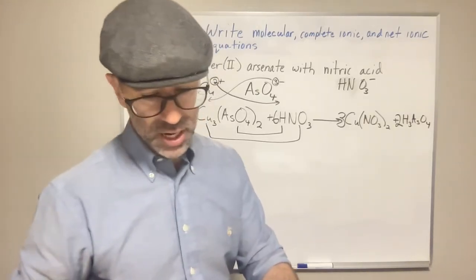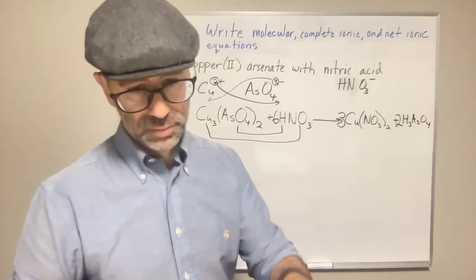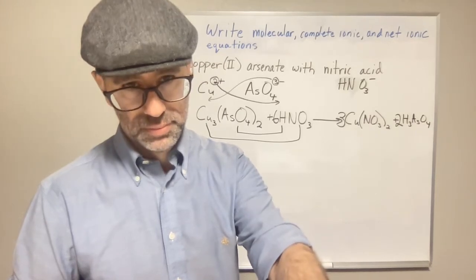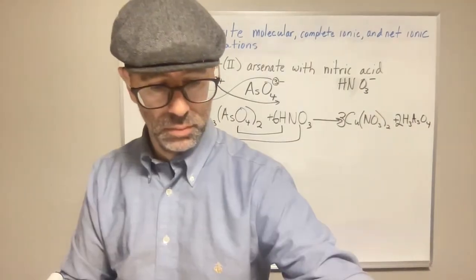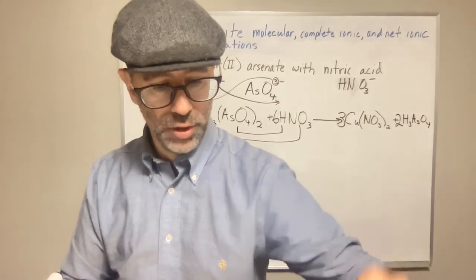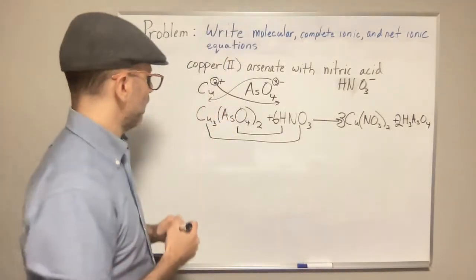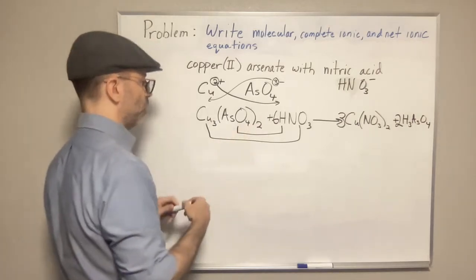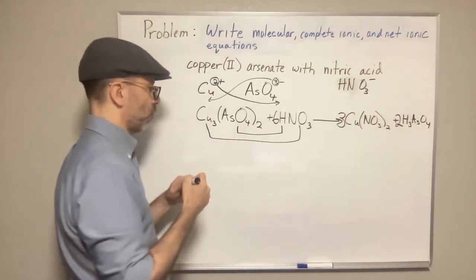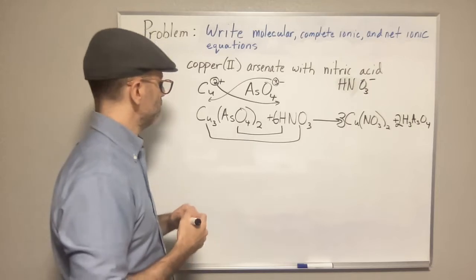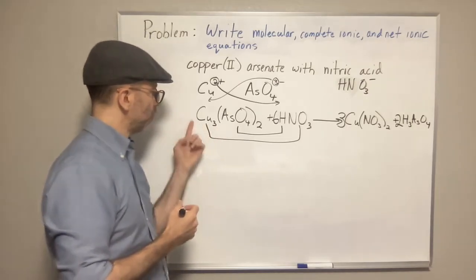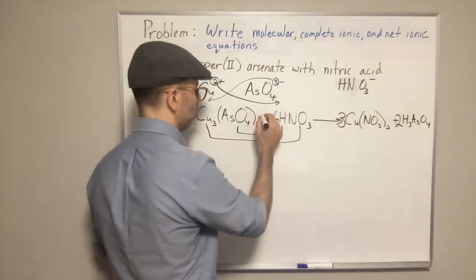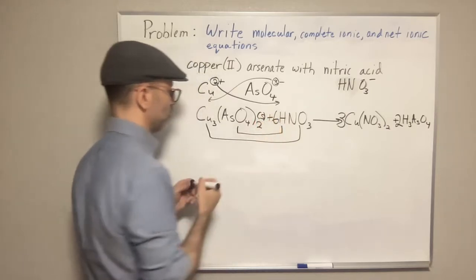Let's see if there's a copper in here. Okay, so arsenates are insoluble in water except for some exceptions. So copper is not an exception, so we're going to expect that to be a solid.